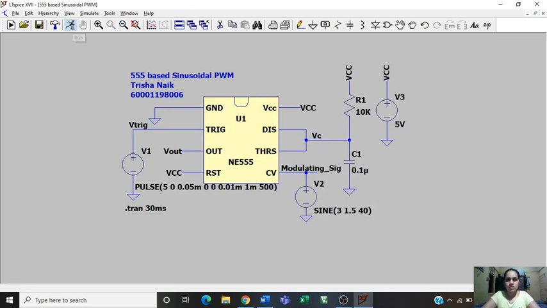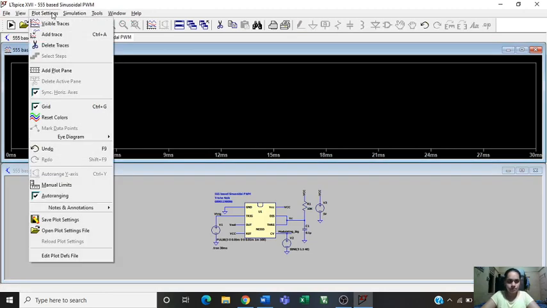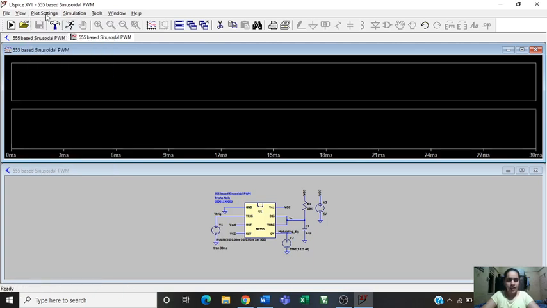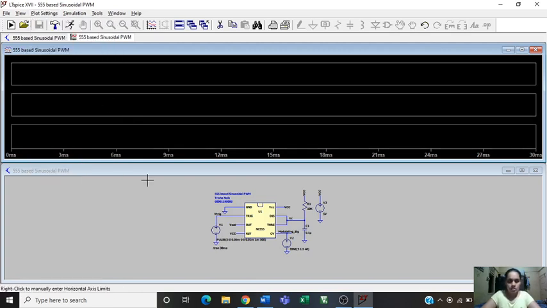So let us run this. Now I am going to add 2 more plot planes to see the various outputs.